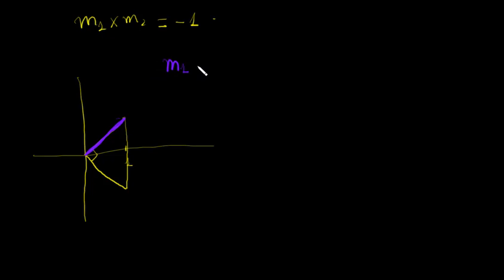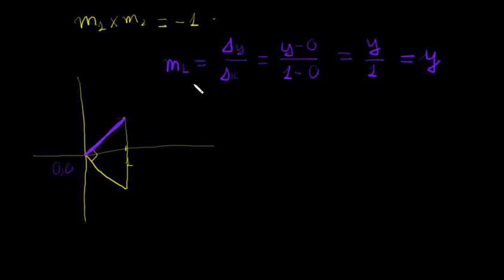The slope m1 equals the change in Y over the change in X. Here's my Y, and because here is the origin 0, 0, Y minus 0 over 1 minus 0 equals Y over 1, which equals Y. So m1 equals Y. So here's the coordinate of this point, 1 and m1. Similarly, with the yellow line, we have 1 and m2, where m2 is the gradient of this line.